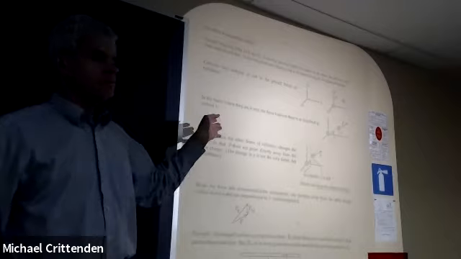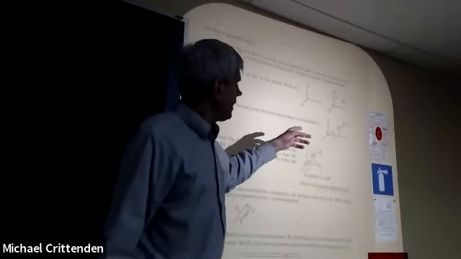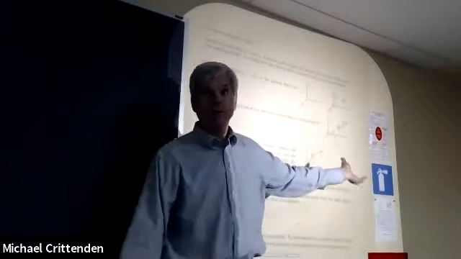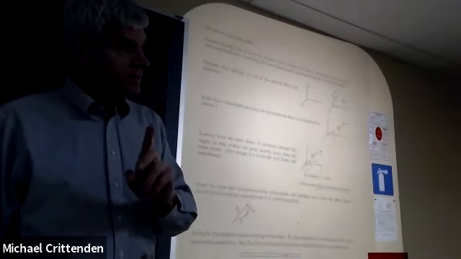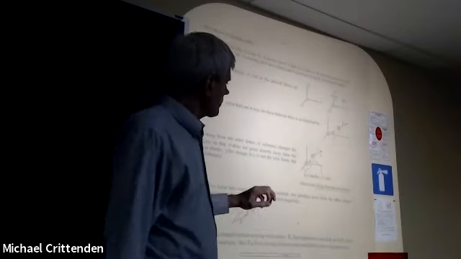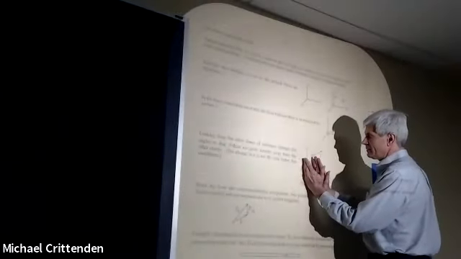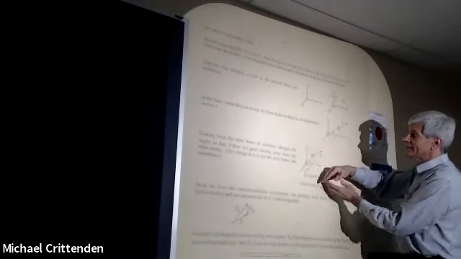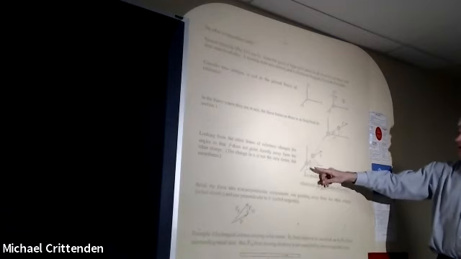The force would be given by Coulomb's law, and the direction of the force on this charge would be directly away from the other charge. Seen from the other frame of reference, distances along the x-axis get shortened. Distances along the y-axis do not. So you can see that this angle theta would be different.